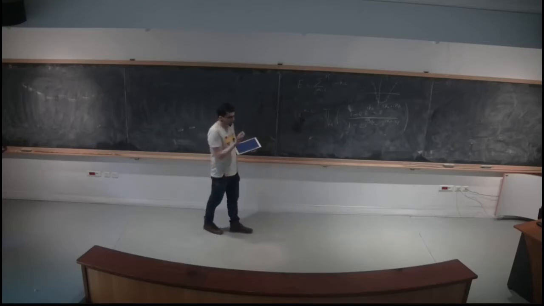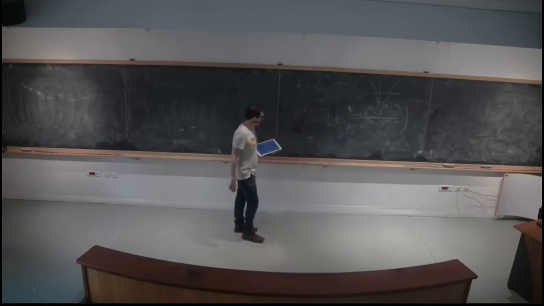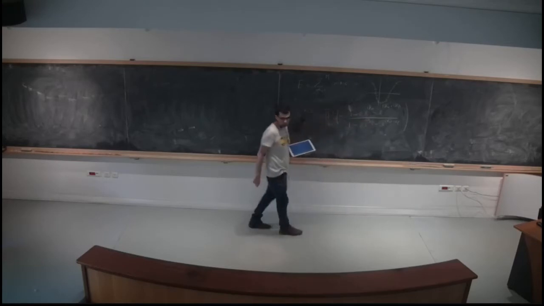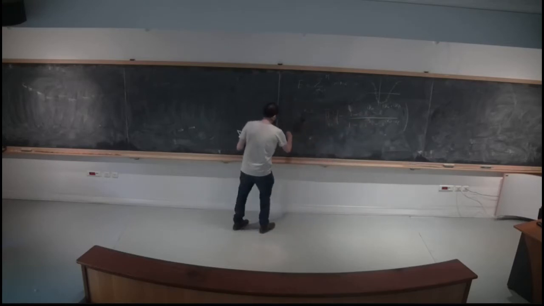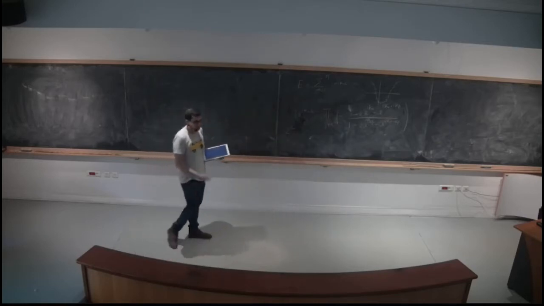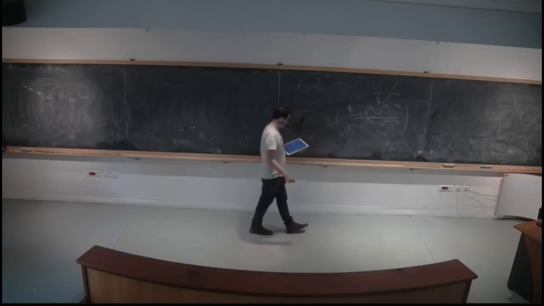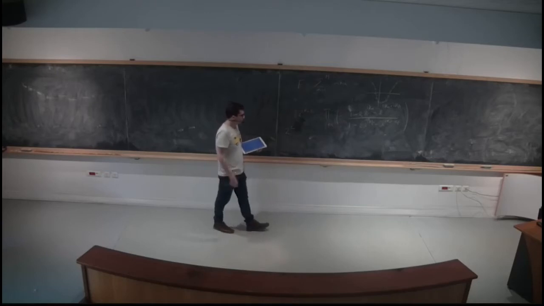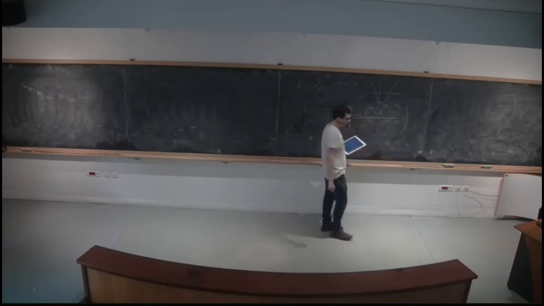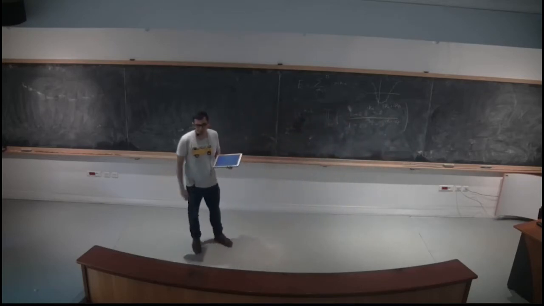So to appreciate how difficult this is, you should remind yourself of the fact that this set of equations contains 2 to the L set of solutions, because here there is the whole set of eigenstates of the XXZ chain. So it's really a huge number of solutions. So if you dare to try to solve them numerically, this is a nightmare. So there is no way to do it in an efficient way.